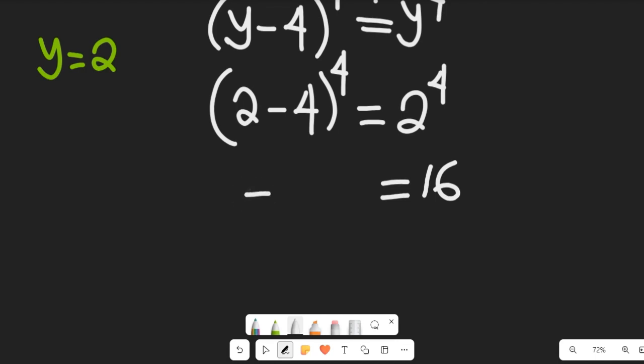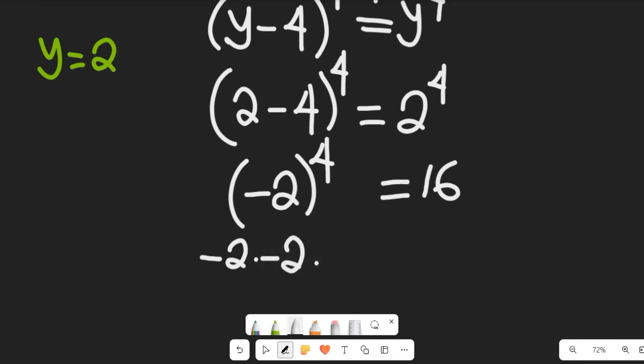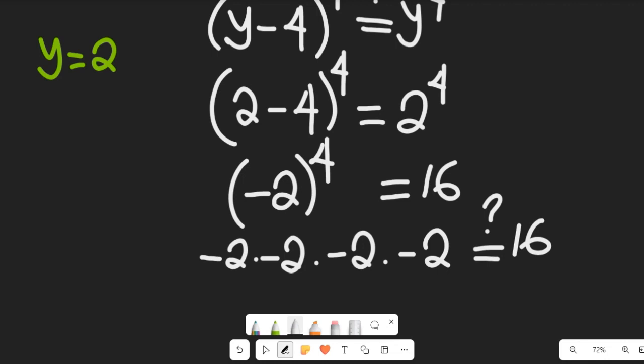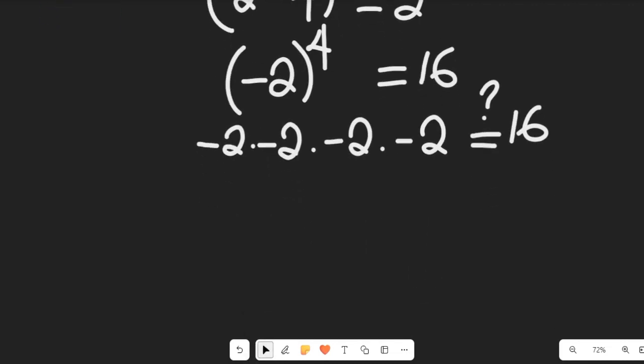And we're going to have this to be negative 2 to the power of what? 4. And if we expand this, we're going to have this to be negative 2 multiplied by negative 2 multiplied by negative 2 multiplied by negative 2, right? Now will it be equal to 16? The first two negatives will give us positive 4 multiplied by negative 2.